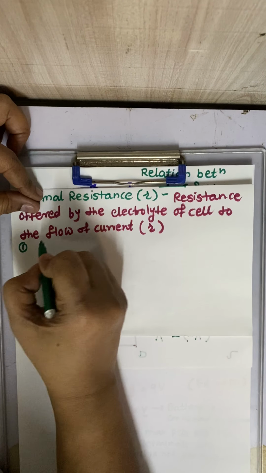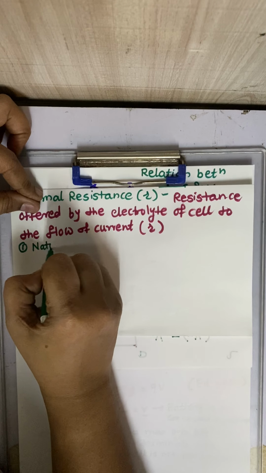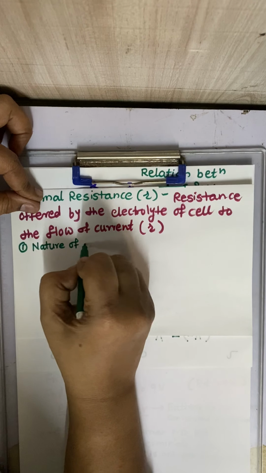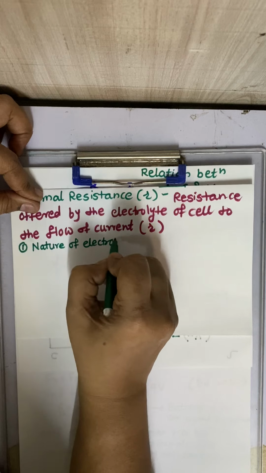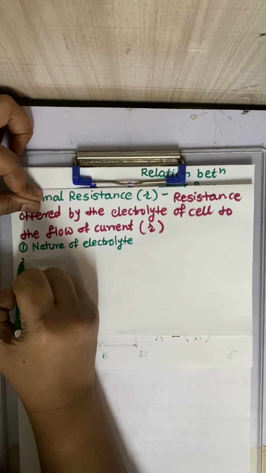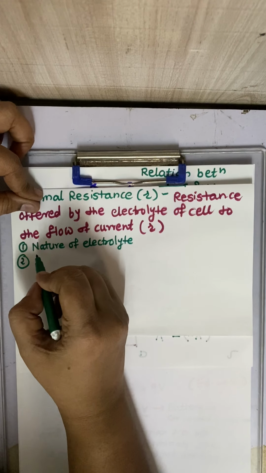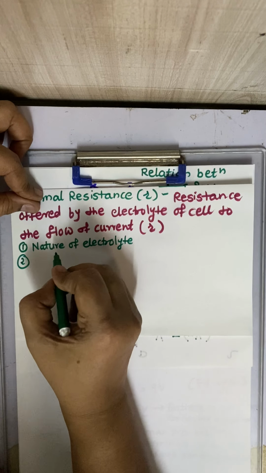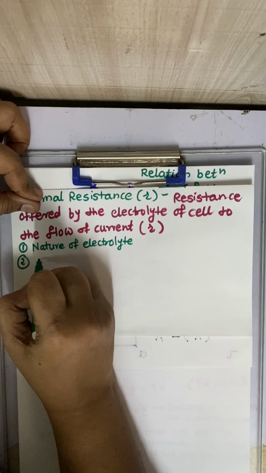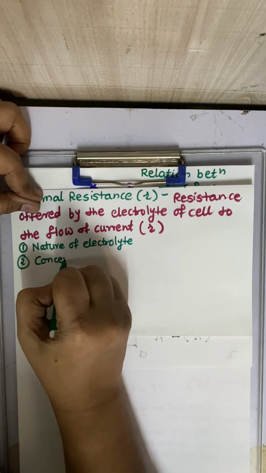The first one is the nature of the electrolyte. The second factor is it is proportional to the concentration of the electrolyte.